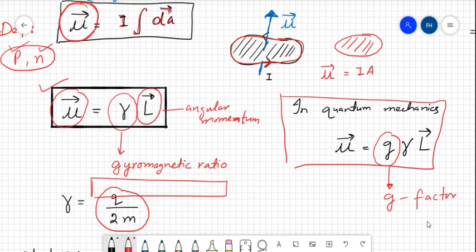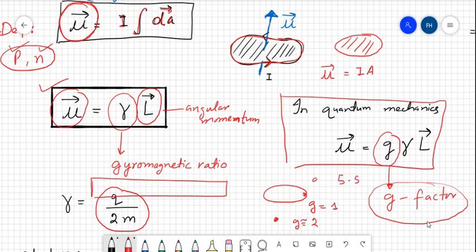This g factor changes according to the system you are choosing. For an electron in an orbit, g is simply 1, and for electron spin, g is almost 2. For a proton, g equals 5.5 something. So it changes depending upon which particle or system you are taking.